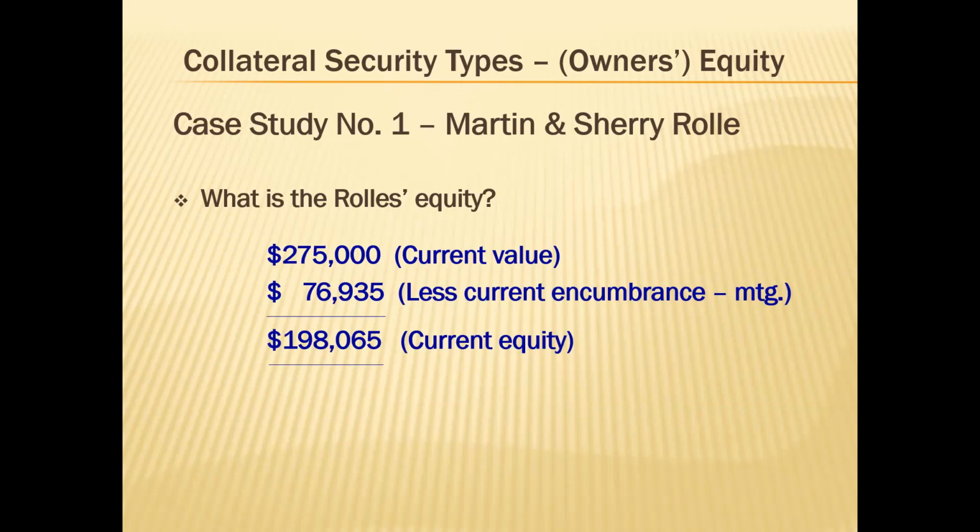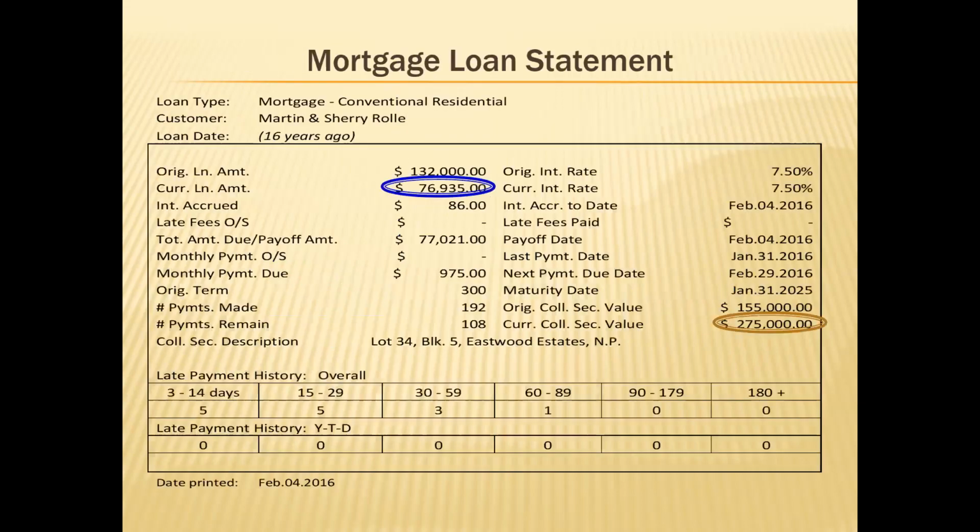Said another way, they own almost $200,000 in this property, and the bank owns just under 77,000. So what they own in this property is greater than the amount that the bank currently owns. We got those figures from the mortgage loan statement.